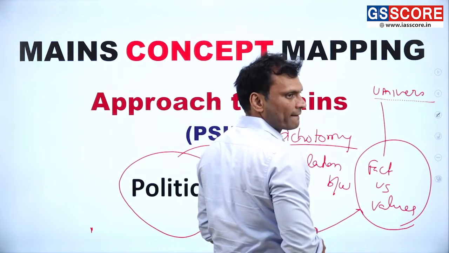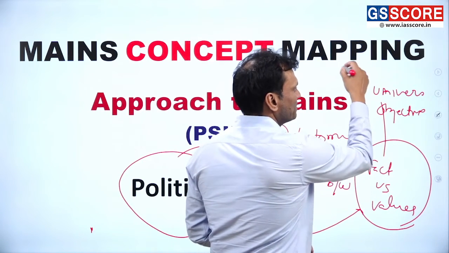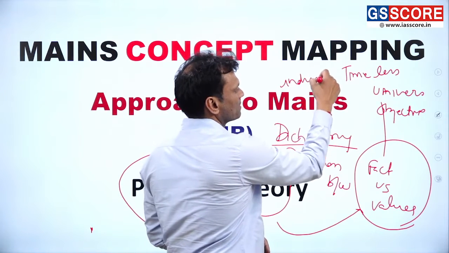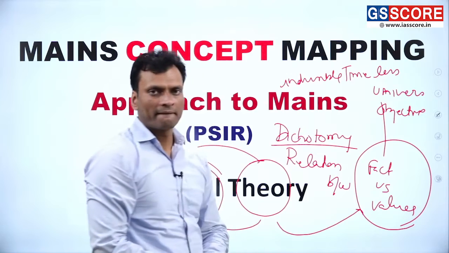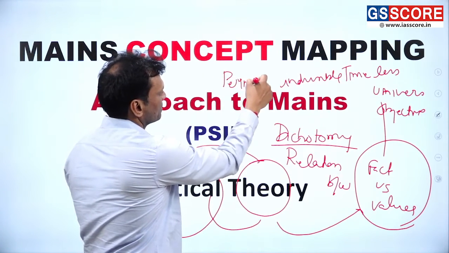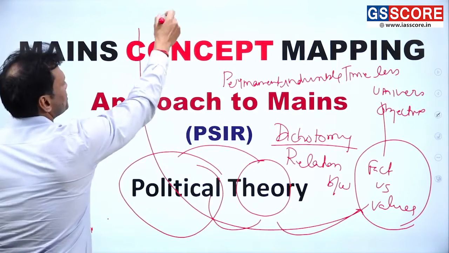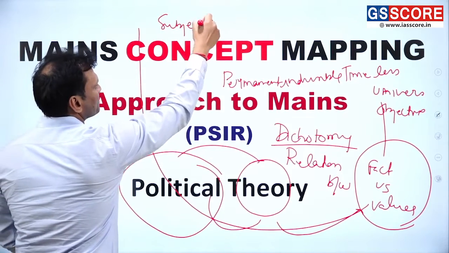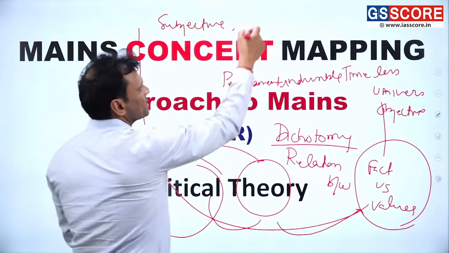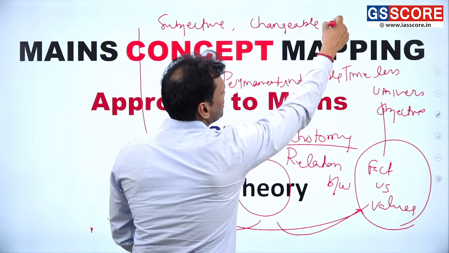Right? Universal. Objective. Timeless. Indivisible. Right? Permanent. And value is something which is subjective, right? Changeable, non-permanent.